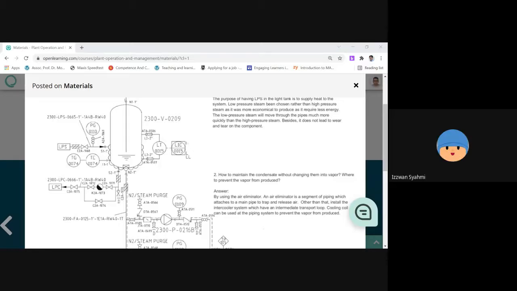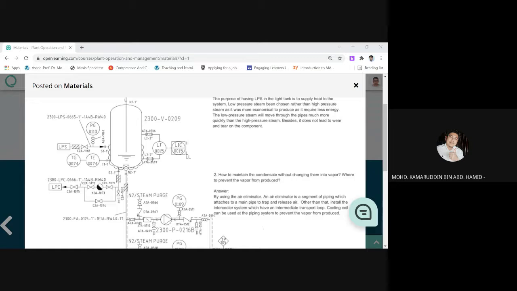Gas. Okay, alright. If the gas is full, what should be the action? Release some gas. Okay, thank you.